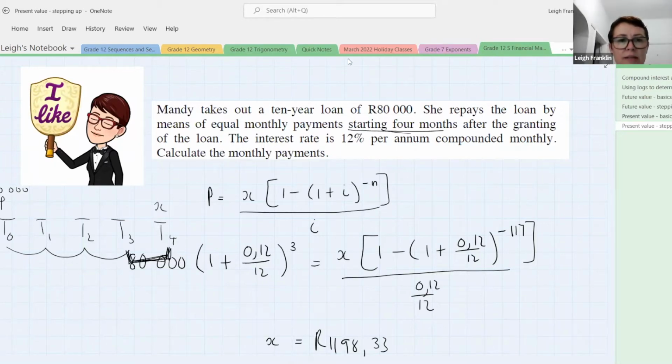So which means that yeah, they would be, because she's paying it back over 10 years. Okay, so because she hasn't paid 1 month after the loan was granted and the loan is now growing for a period of 3 months, it means she would make 117 payments if she still wanted to repay it within that period of 10 years.